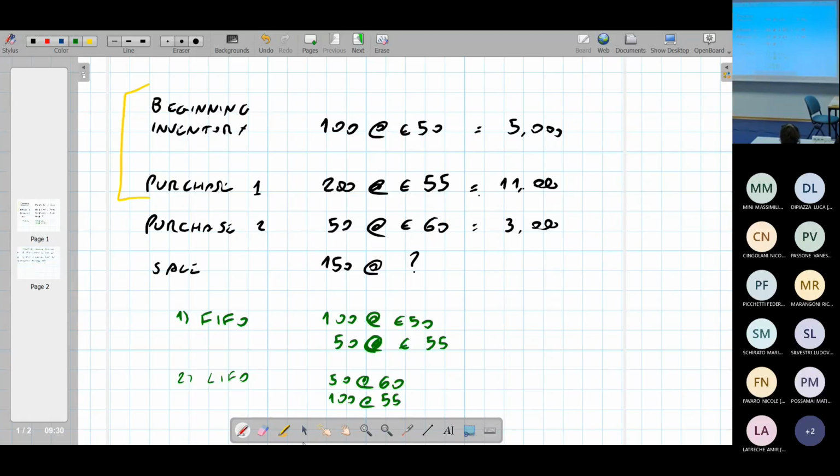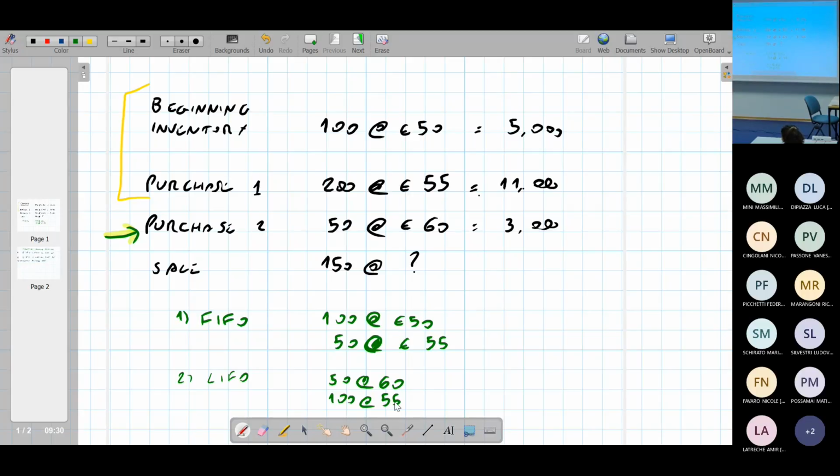The latest purchase is the second one, so I'm imagining I'm selling those first 50 units at 60. The other 100 units are taken from the second newest purchase, which is at 55, so 100 at 55 euro.